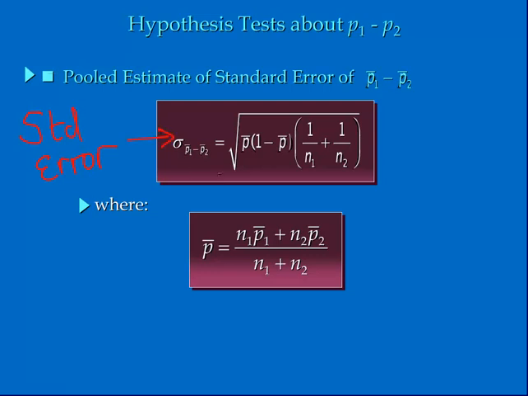Now it is the square root of p bar times 1 minus p bar times 1 over the sample sizes. So 1 over the sample size, add them together, and you get a number there. This is particularly important, the pooled estimate.